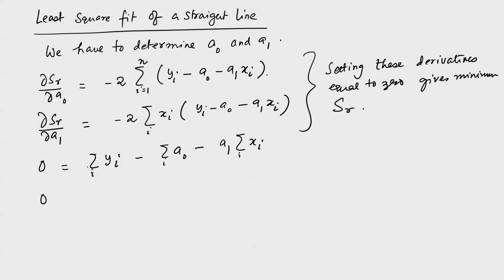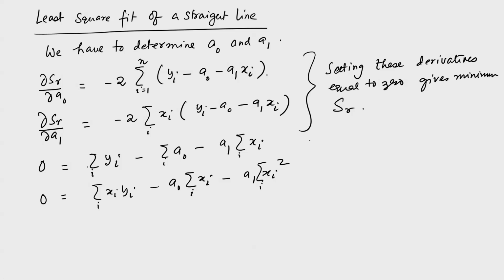And then again I will put the second one equal to 0. So, this is equal to the sum over i of x_i y_i minus A0 times the sum over x_i minus A1 times the sum of x_i squared and so on.